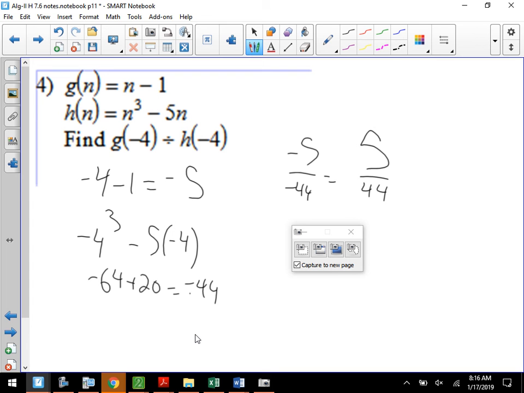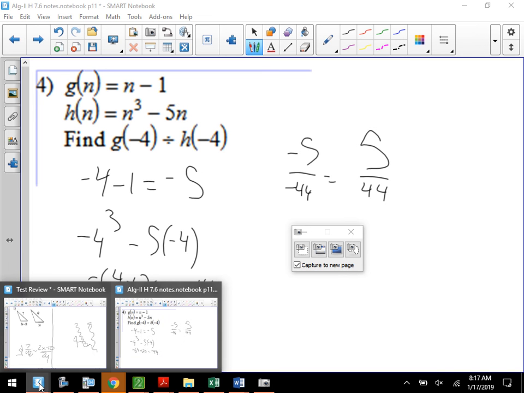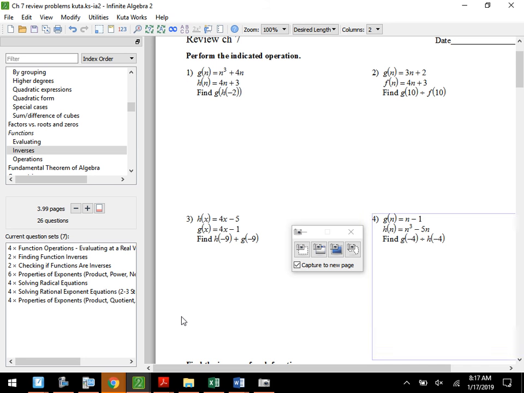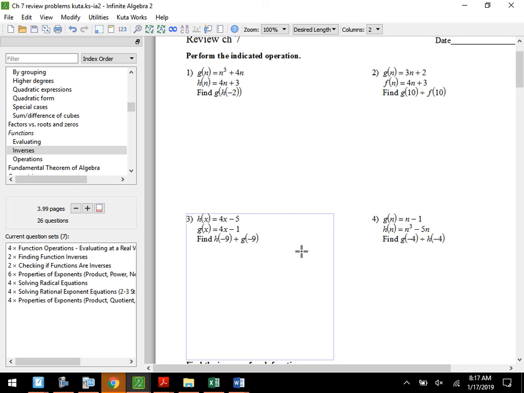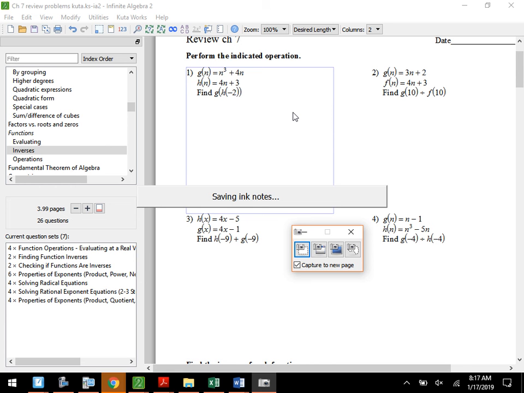What do you got? What? Hi, Mr. Gonzalez. Hi, how's it going? It's going. We're doing function notation. We're doing a lot of crazy stuff. Hey, can I show you what we're starting to do up here?